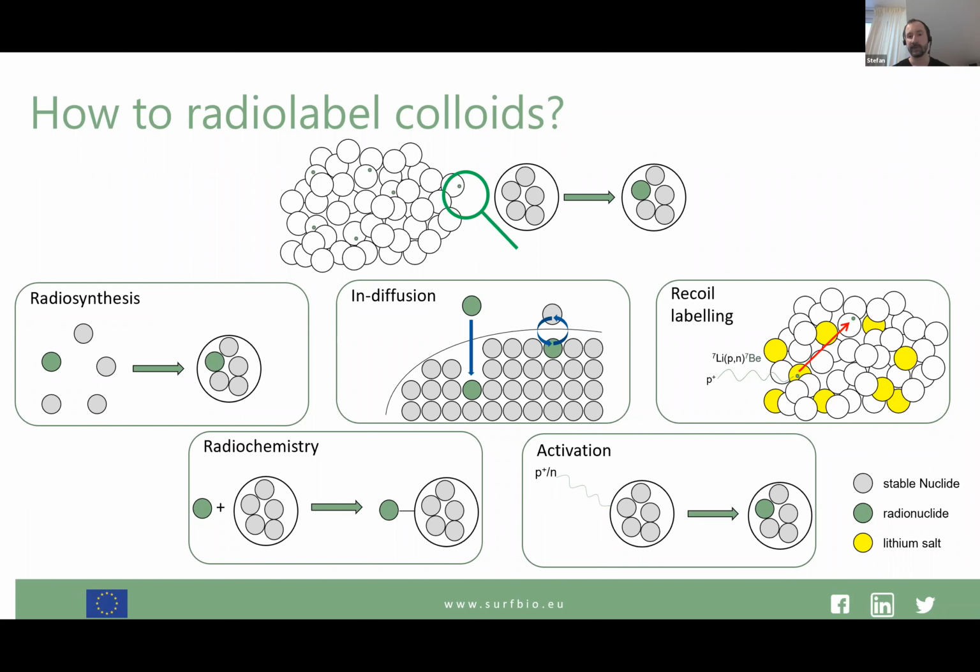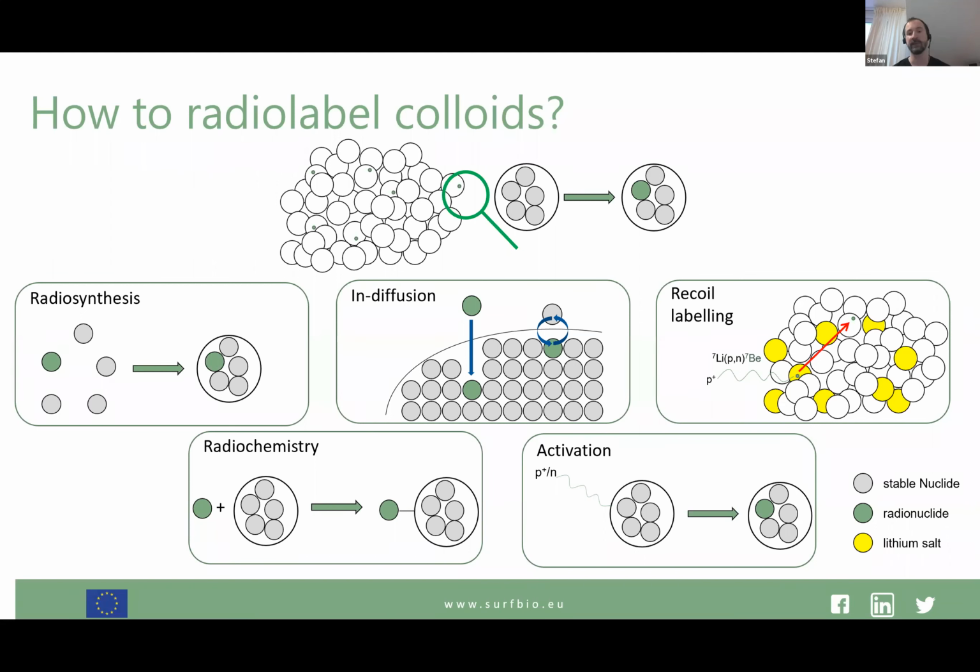Yeah. So if you have access to a nuclear reactor or a cyclotron, then you can go for the activation route. Basically, this is, as I have already talked about during the radionuclide production via irradiation. Here you basically produce via irradiation your radio tracer in your particles.